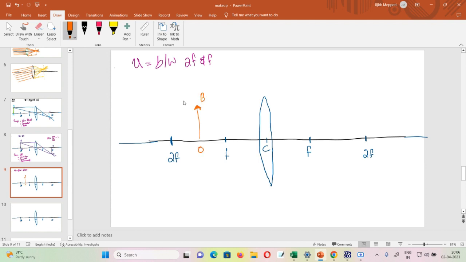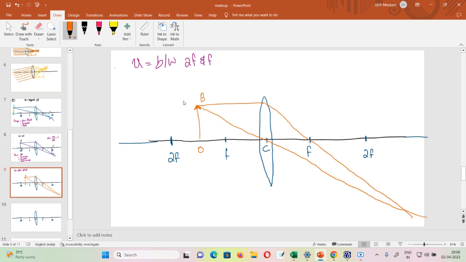between 2f and f. Similarly, you can trace a ray parallel to the optic axis. It will go through the focus, and another ray going through the optic center will go straight.